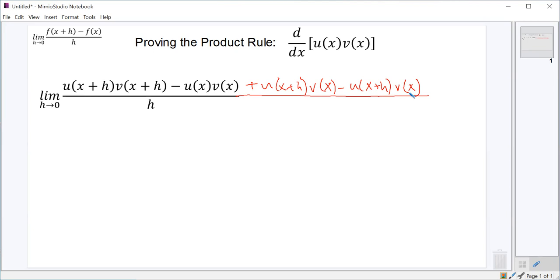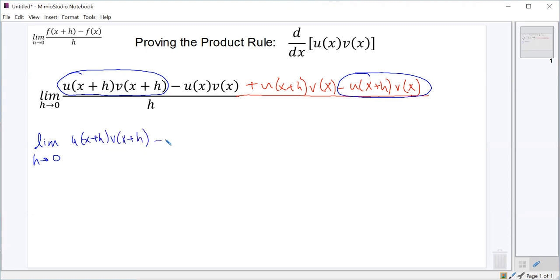The reason I'm going to do this is because now I'm going to take the first term in my numerator and the last term in my numerator, and group them together into one single limit. So we're going to have a limit as h approaches 0 of u of x plus h, v of x plus h, minus this fourth term, u of x plus h, v of x.